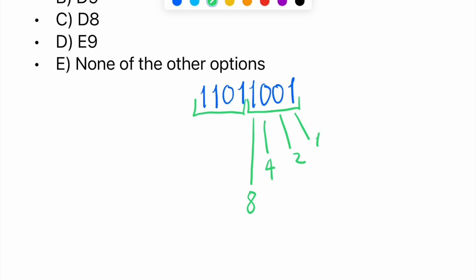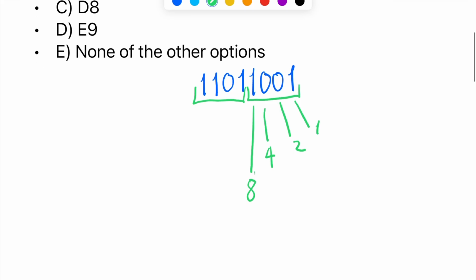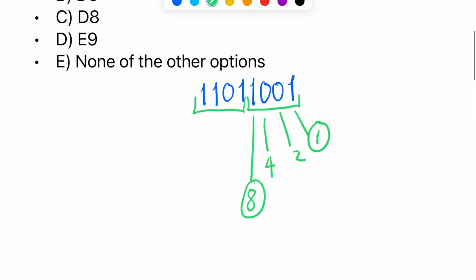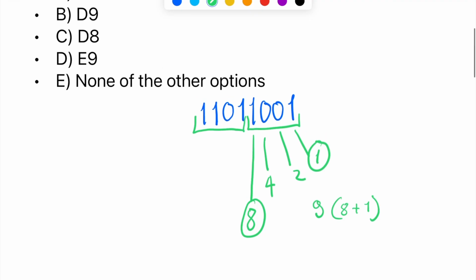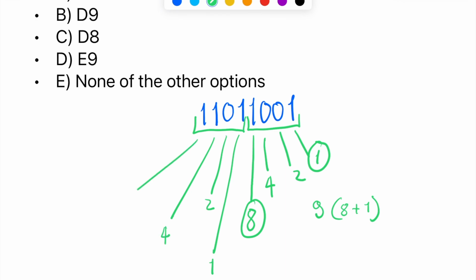Then I like to circle the numbers that correspond to a 1. In this case, it is 8 and 1, so that makes 9, because 8 plus 1 equals 9. Then we do the same thing on this side. We got 1, 2, 4, and then 8.